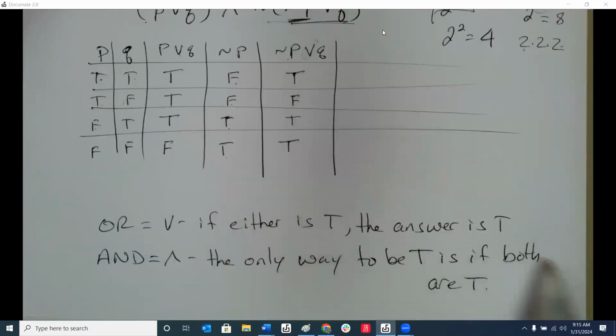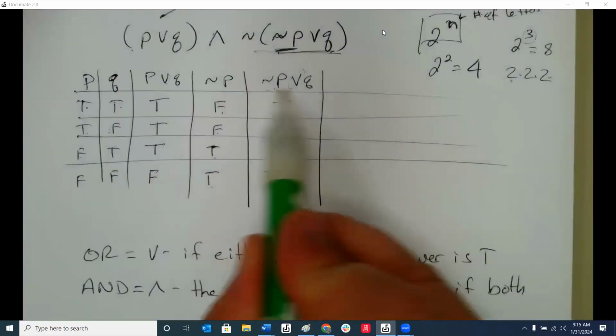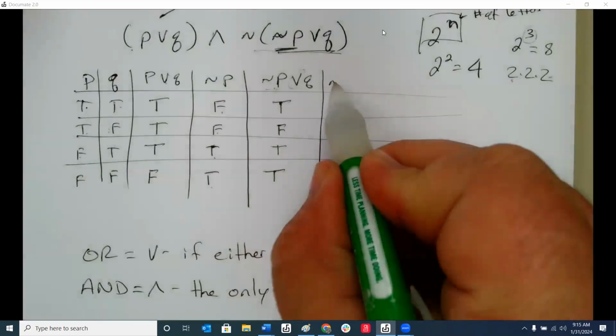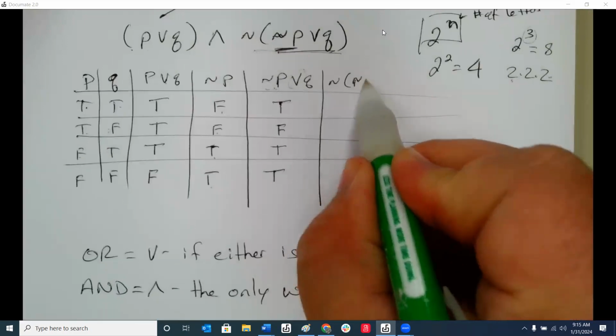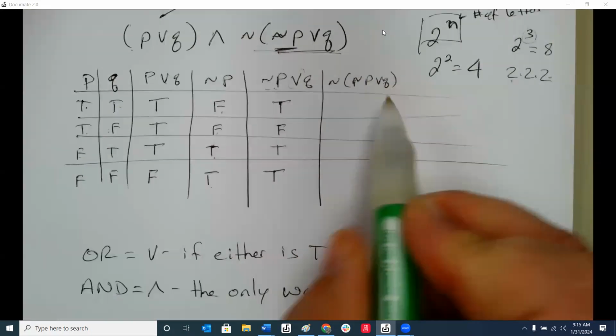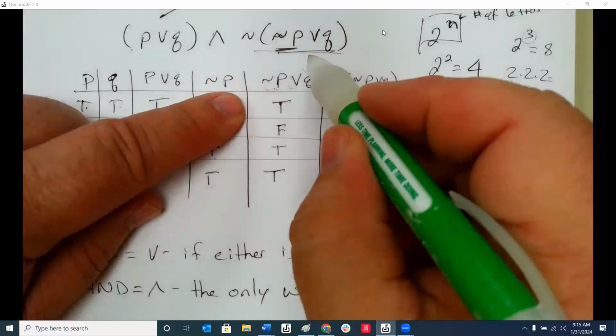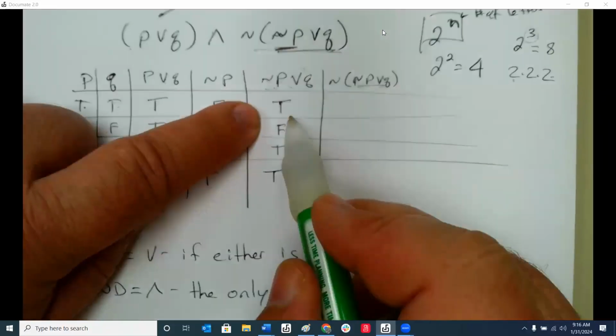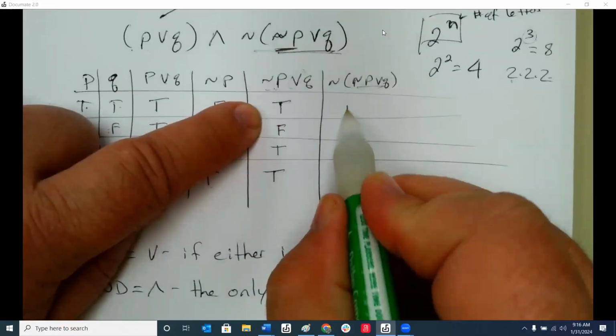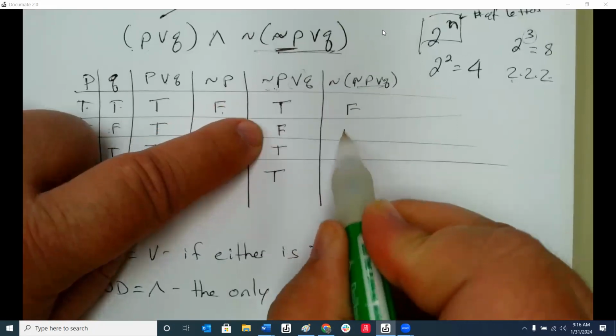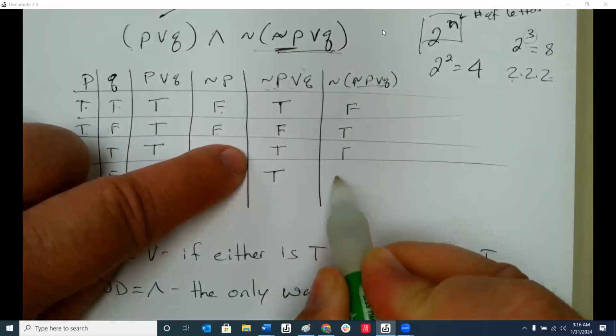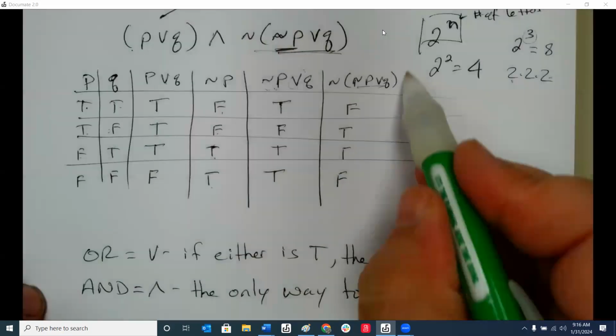Okay, so now we have this inside built. Now we gotta negate all that stuff. So we go to this one and negate it, which means it becomes false, true, false, false.